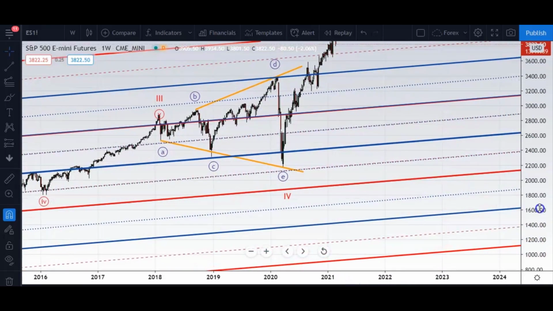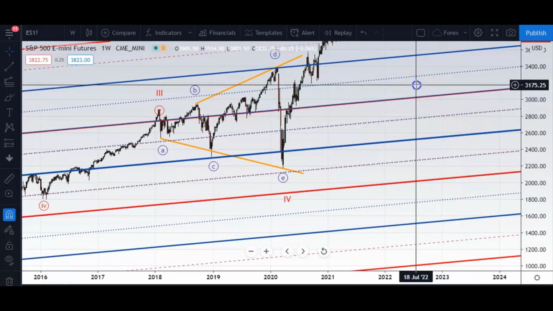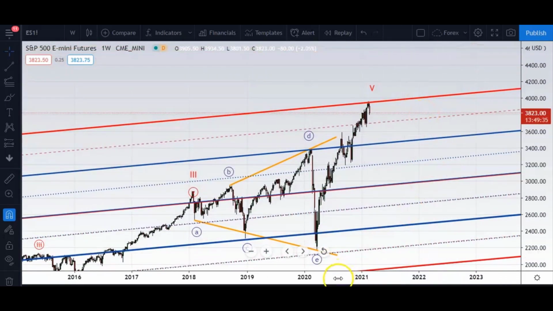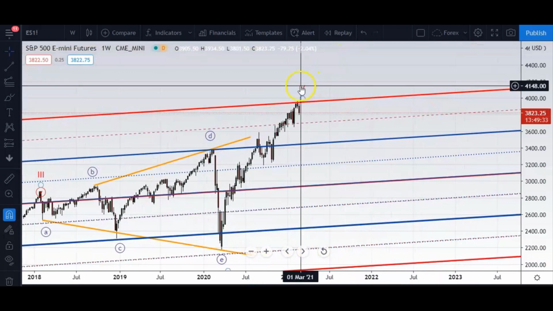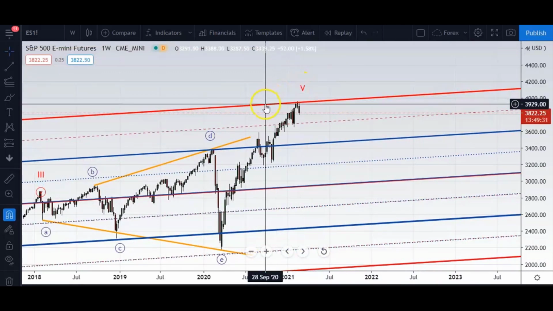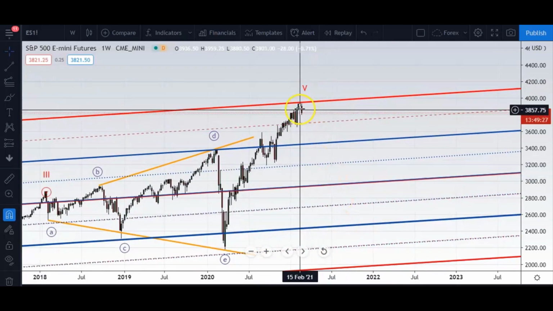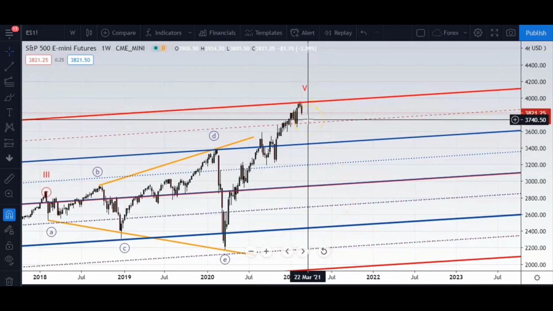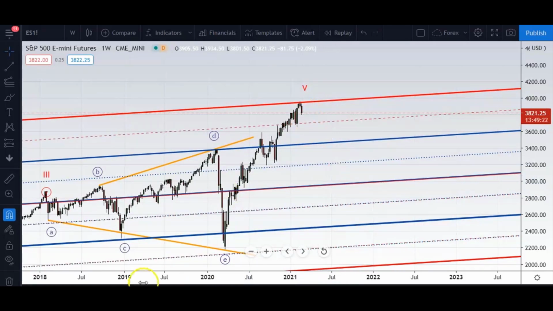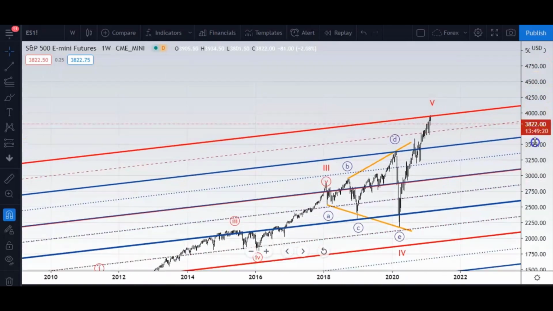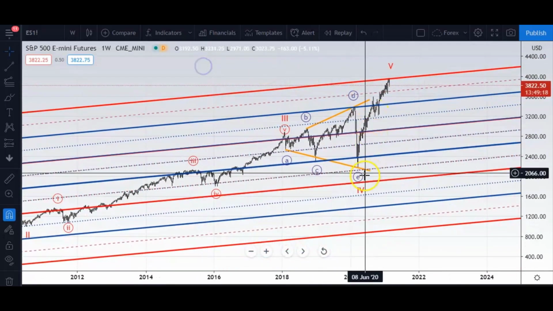Now, very interesting, recently, and this was last week, price reached this upper median line, which is called a warning line, and we're reacting lower.